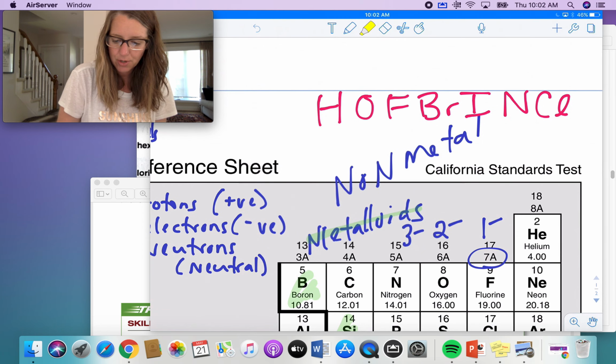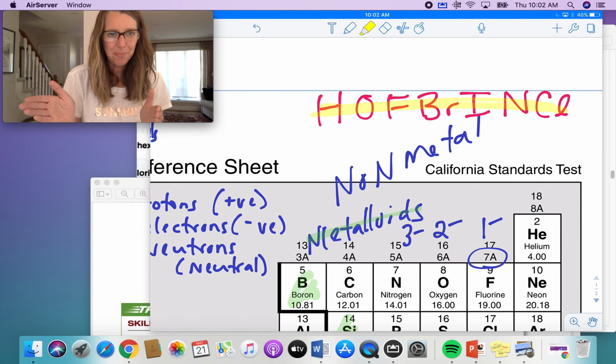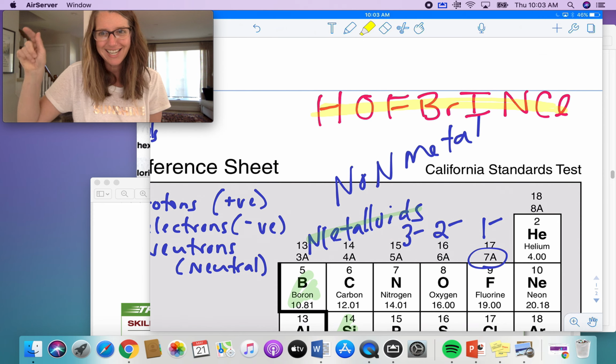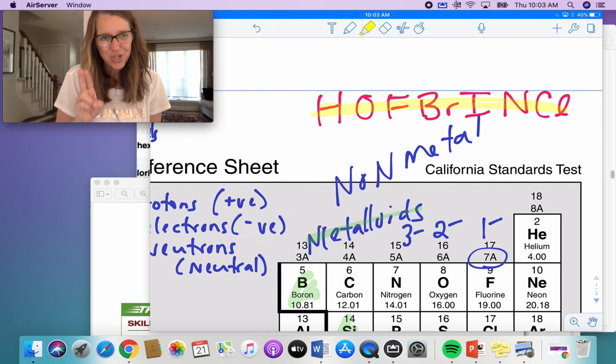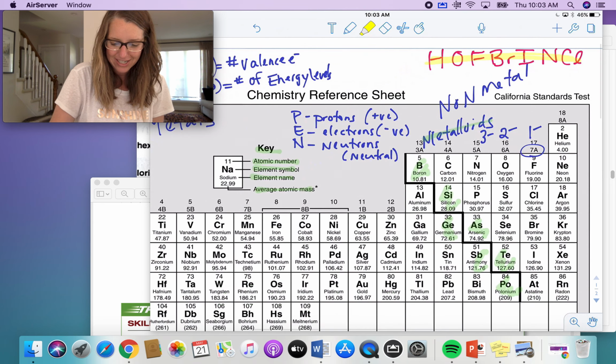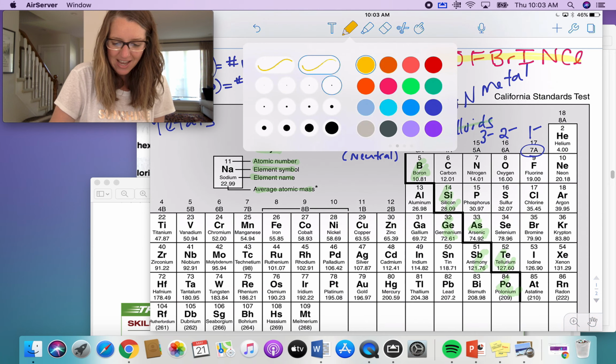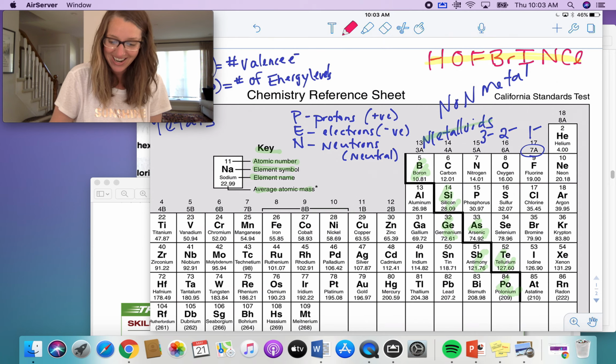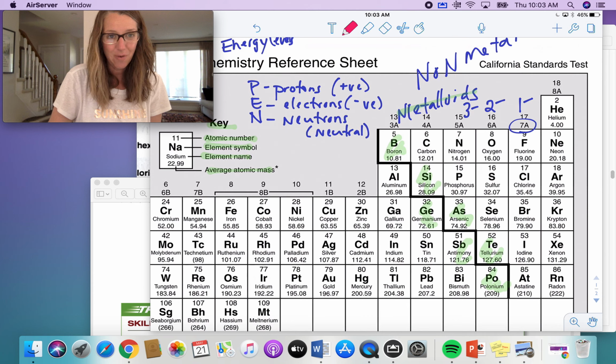So add this to your periodic table. Hofbrinkel refers to hydrogen, oxygen, fluorine, bromine, iodine, nitrogen, and chlorine. And I want to show you where you can see them on the periodic table. So there are 7 of them, and this is the memory trick for how you memorize which ones they are. They actually form the number 7 on the periodic table if you include hydrogen too.